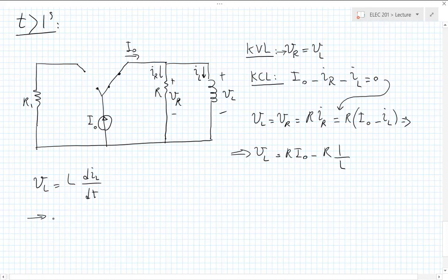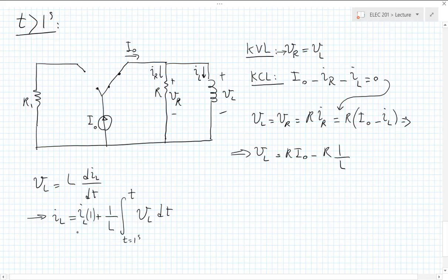So IL, in this case, if I'm looking at t greater than 1 second, is basically that integral going from t equals 1 second to whatever t I have, VL dt, plus whatever value of IL was at 1, right?